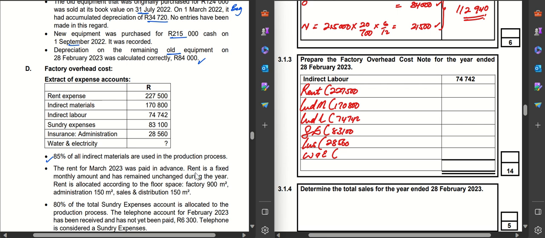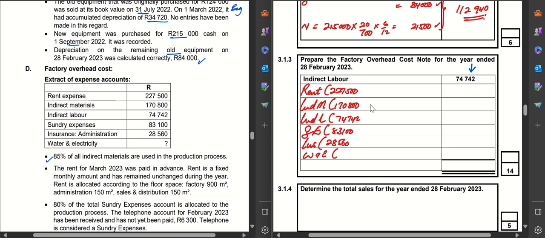It then says 85% of all indirect materials are used in the production. So remember that in this final column here, we want what was used. We record what was used. So we are being told here that 85% of all indirect materials was used.